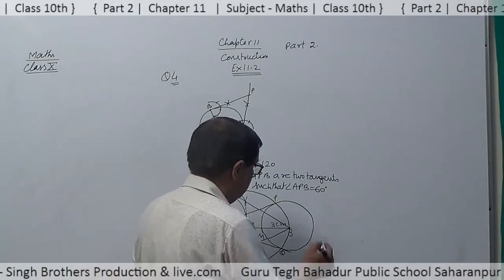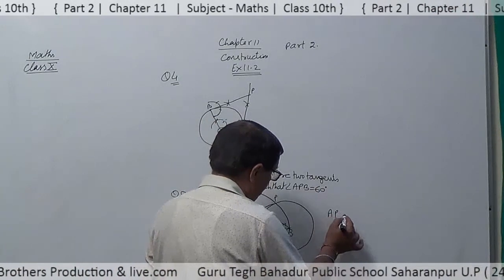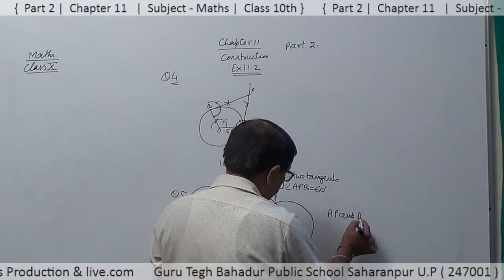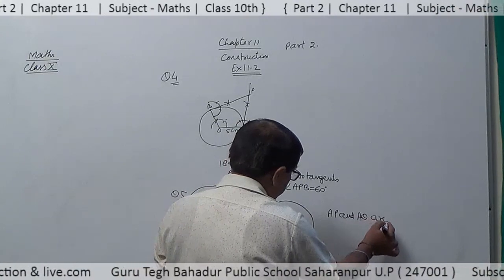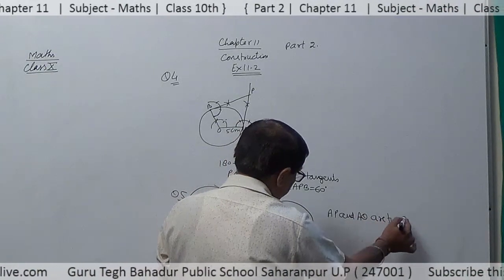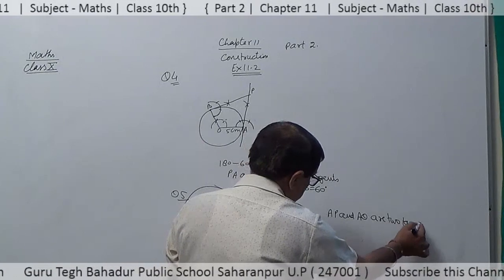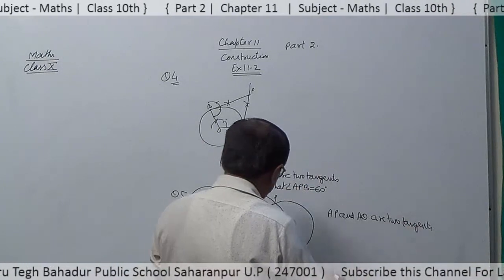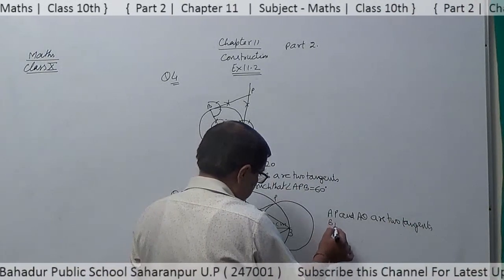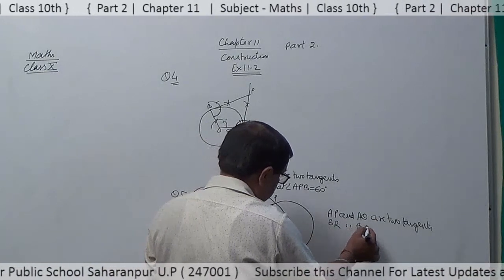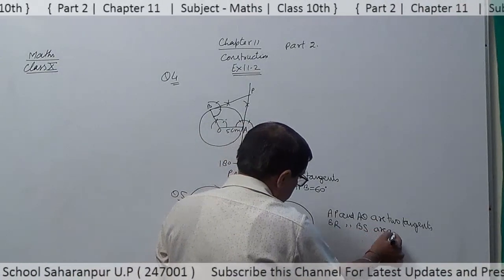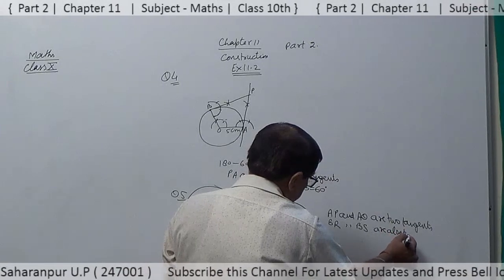So AP and AQ are two tangents. BR and BS are also two tangents.